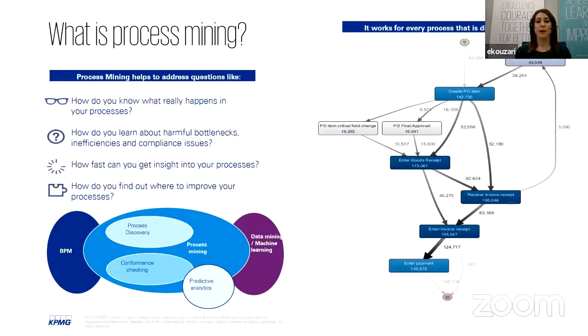And of course, by applying some predictive analytics, we can enhance our processes and monitor them to better achieve our business outcomes. Process mining helps us answer questions like, how do you know what really happens in your processes? For example, we have the payroll system of a company. We know that we will process all the data in order to pay the employees, provide any letters, make any payments.